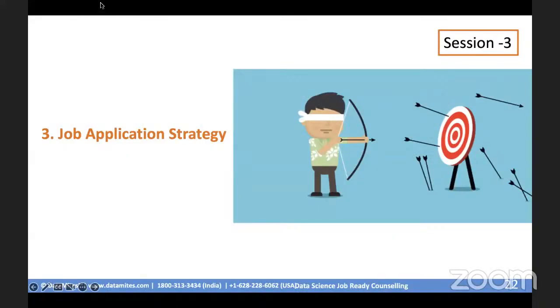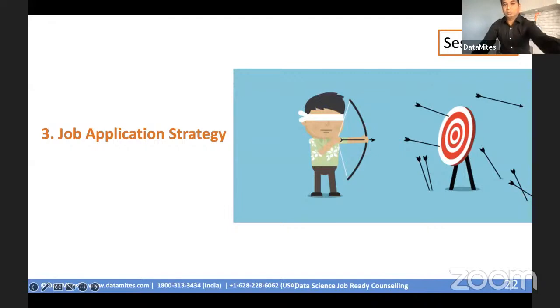Hope the screen is visible as well. Can anyone confirm that? All right. Okay.